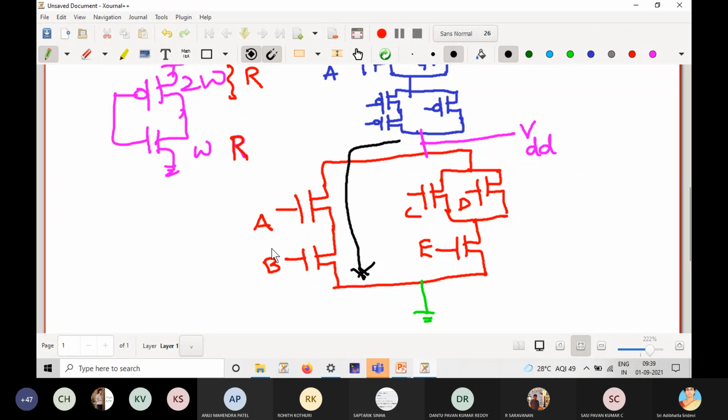If I give W and W, it gives me 2R, but I want only R. The total resistance should be R. If I want total resistance to be R, each MOSFET should have a resistance of R by 2. So I have to give the width of each MOSFET as 2W. Got it?